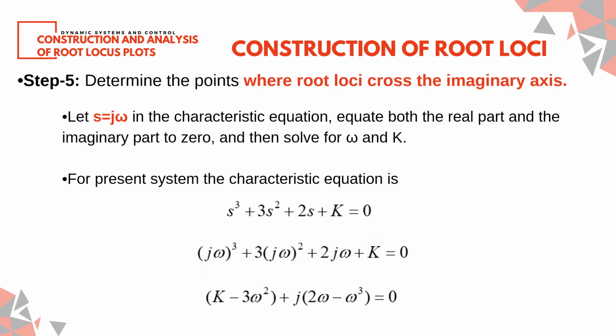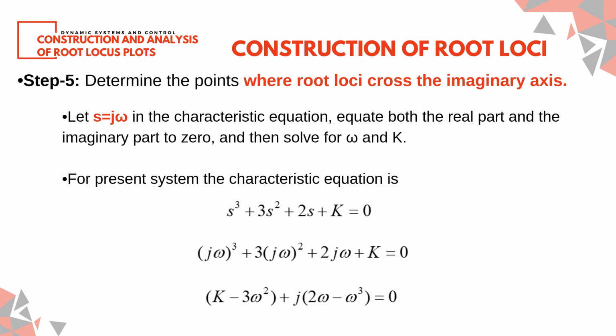On step number 5, we need to determine the points where the root loci cross the imaginary axis. First, let s is equal to j omega in the characteristic equation. Equate both the real part and the imaginary part to 0, and then solve for omega and k. For the present system, the characteristic equation is s cubed plus 3s squared plus 2s plus k is equal to 0.